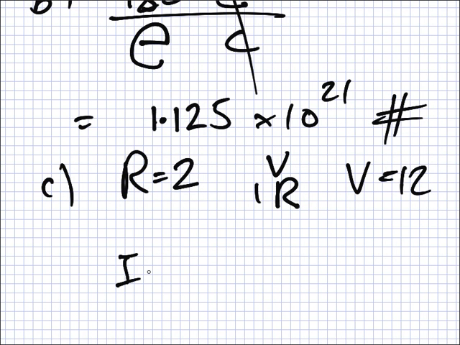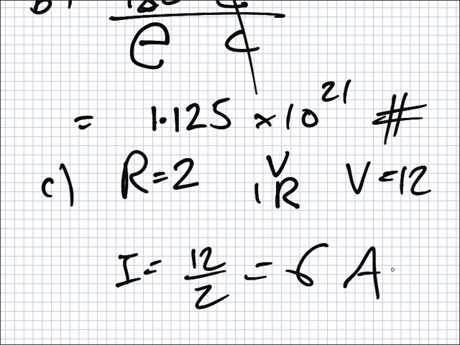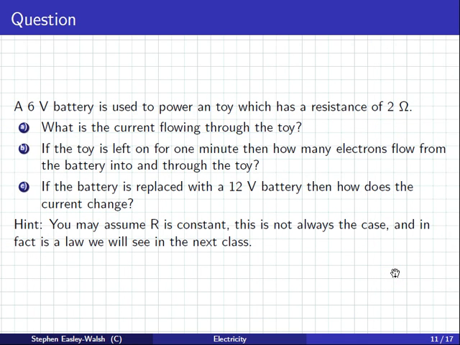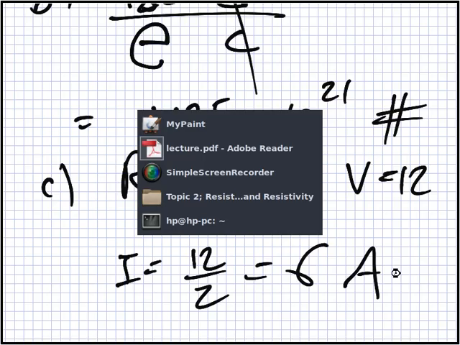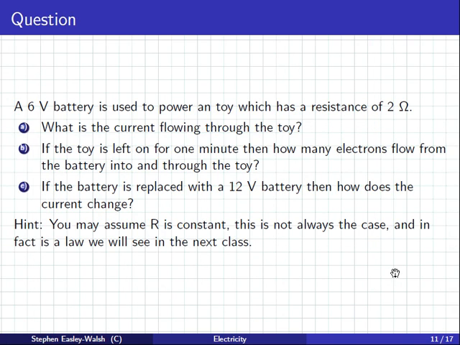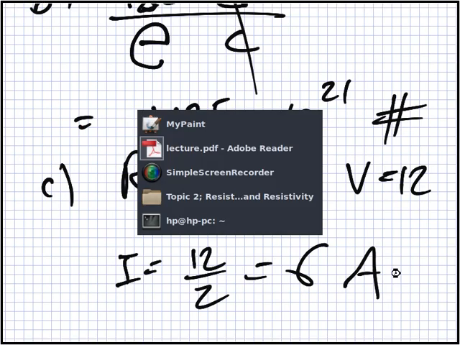The I. It's 12 over 2, which is 6 amps now. So what happened? It doubled. Yes, okay, fine.